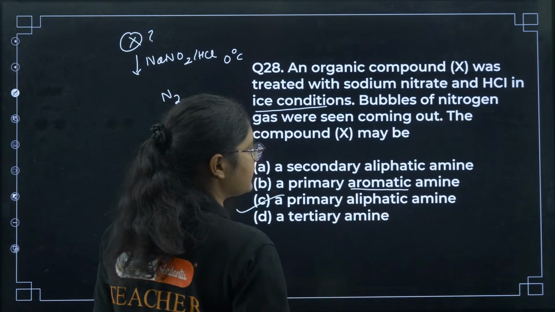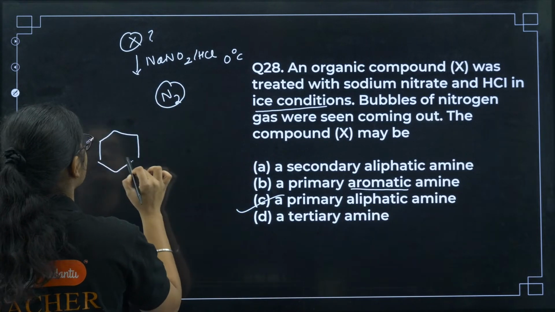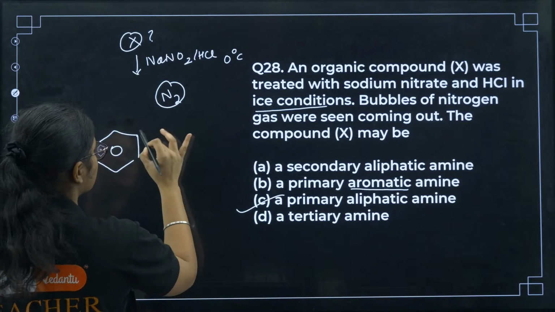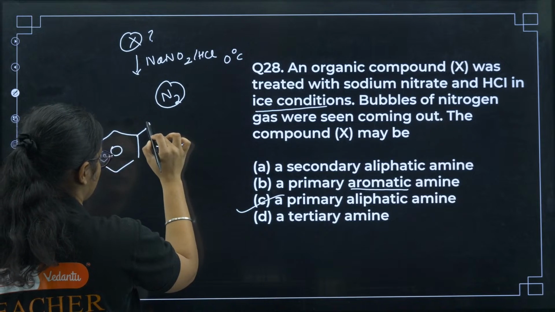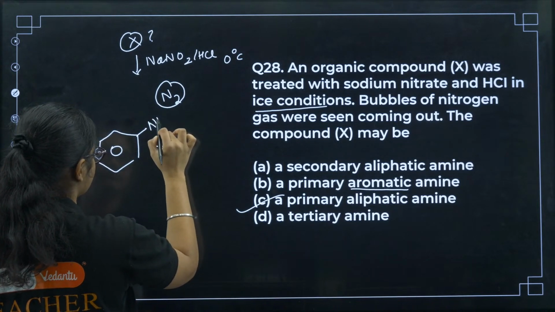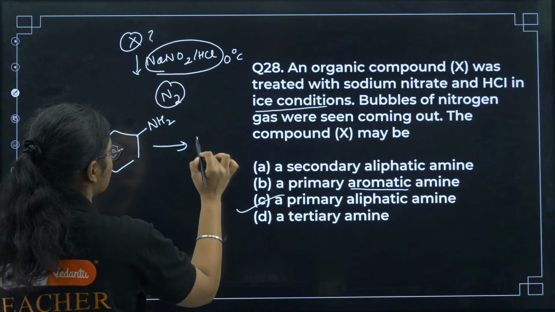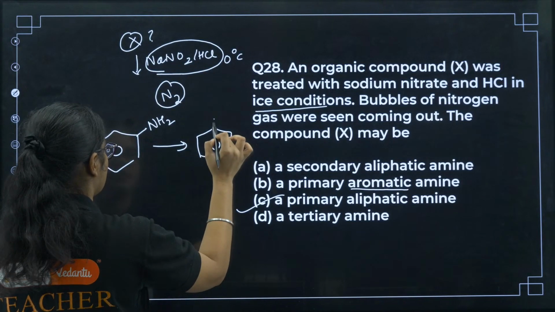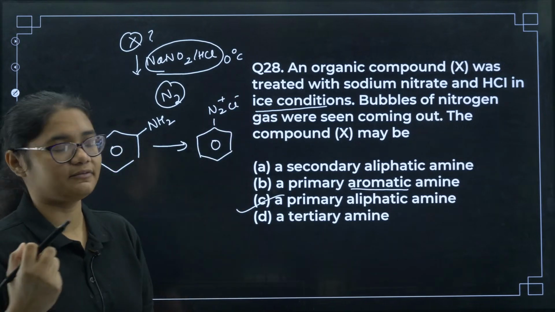With an aromatic amine you won't get nitrogen gas. If you take an aromatic NH2 compound and treat it with nitrous acid, you will get N2+ Cl-, benzene diazonium chloride will form.